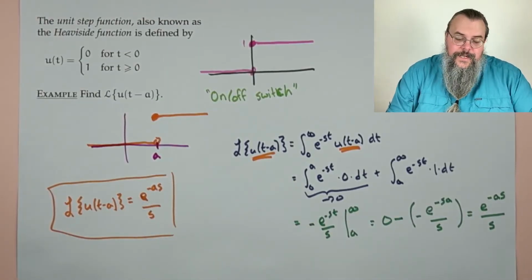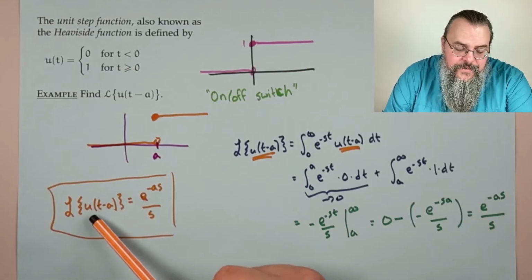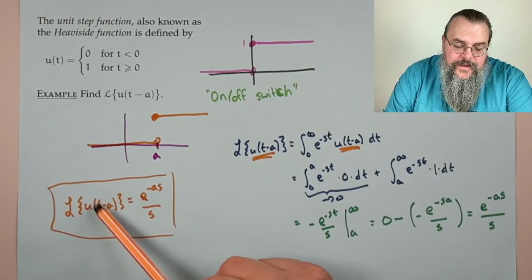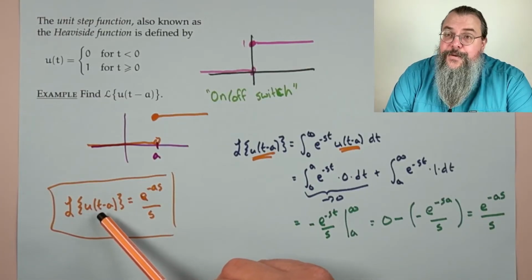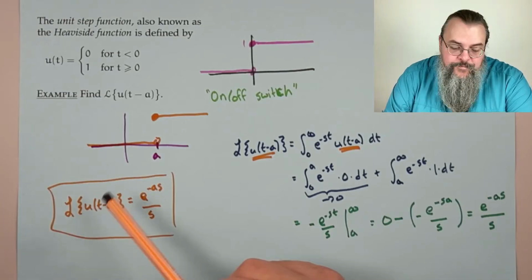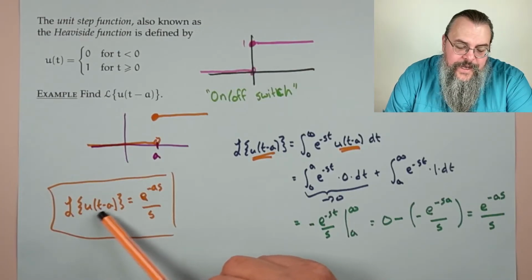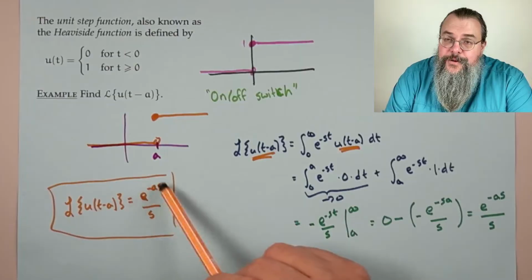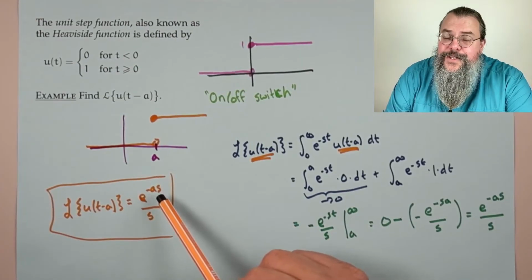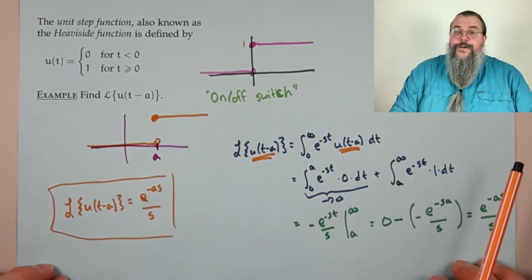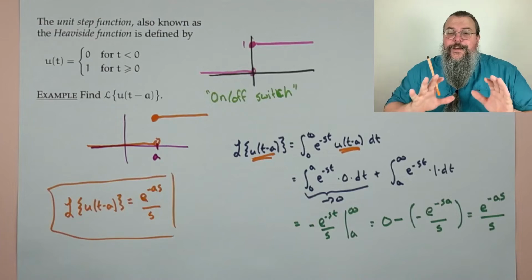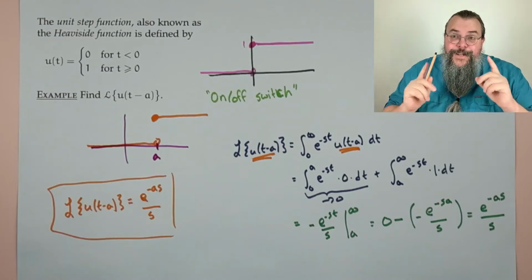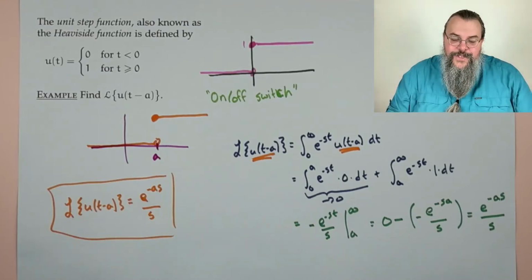We've already seen that when you have an exponential function showing up on the input, it results in a shift. Now here, on the other hand, we had a shift, and it resulted in an exponential function. And it's like, whoa, that kind of feels like symmetry. And that's a good intuition to have.